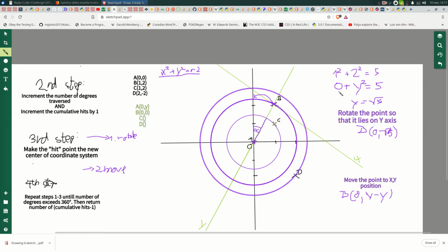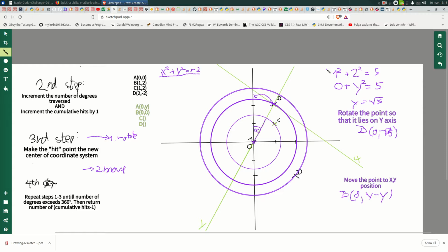If we look at the original B, which is over here, and the new B, which is over here, we can just say yeah, we need to rotate it also.